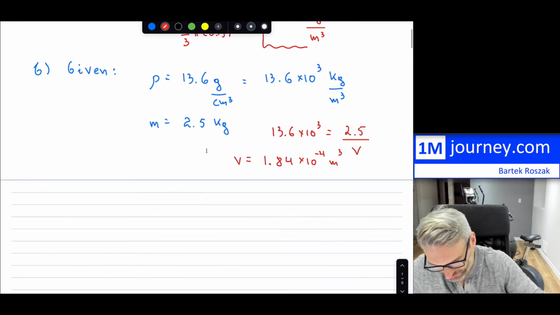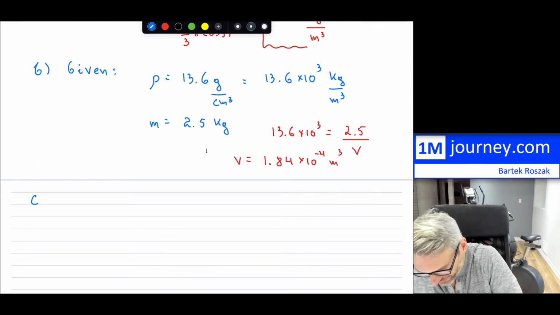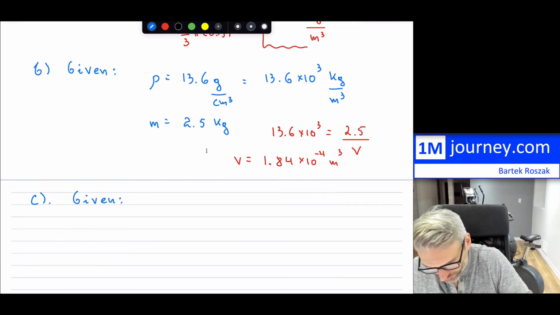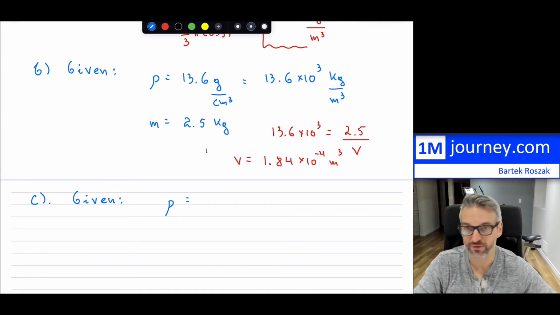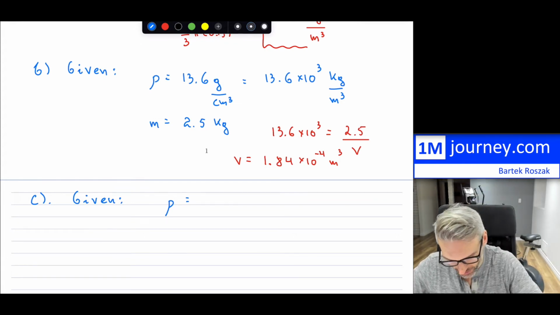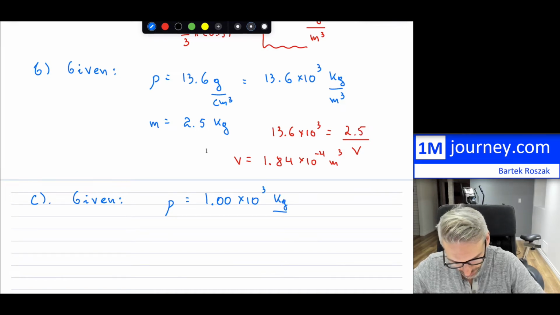All right, so this one we have to think back. Okay, so we want water. Now, the tricky part is, you should know what the density of water is once you start studying fluid statics, and pressure and density. But for those who don't remember, this is the easiest one to remember. Water's density itself is 1 times 10 to the 3 kilograms per meter cubed.